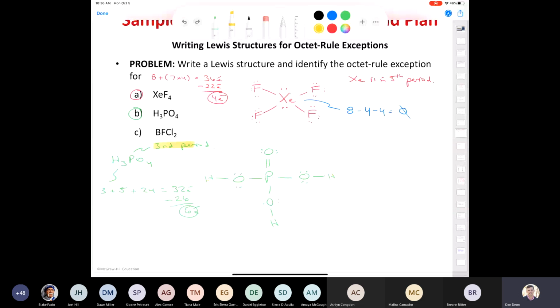Because it is in the third period, it can do that. So expanded octet. Don't believe me that it works out? Let's calculate the formal charge on the phosphorus. Phosphorus has 5 valence electrons, subtract 5 sticks and 0 dots, gives you a charge of 0. And that's the Lewis structure of phosphoric acid.